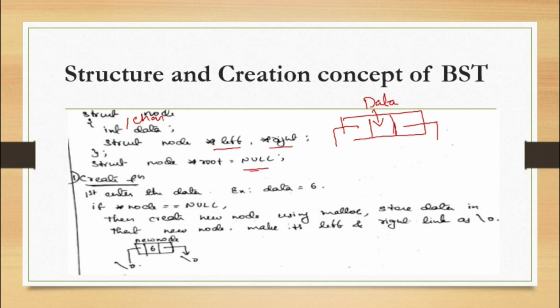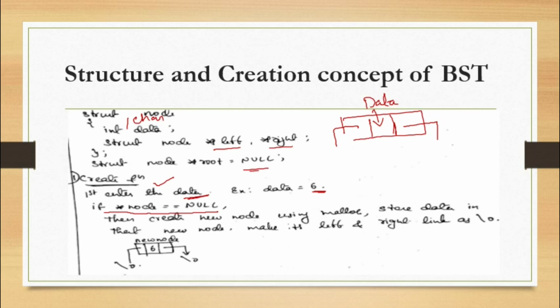So how do we create it? Say if I want to enter data, and my data is 6. How do I enter it? Initially, if we don't have anything in the node, that is, if root is equal to null, which I am checking here, that means I create a new node. How do I create it? Using the malloc command, which will allocate the memory for the new node.